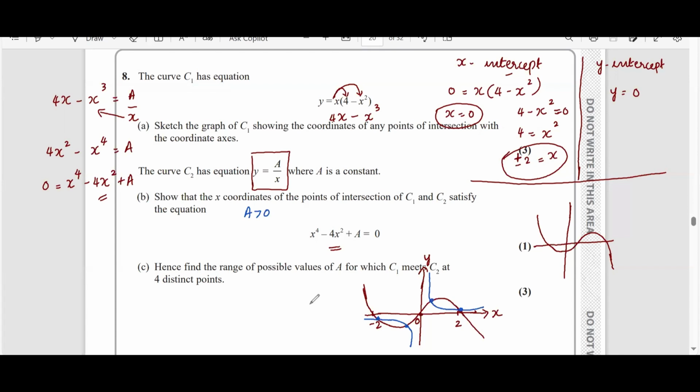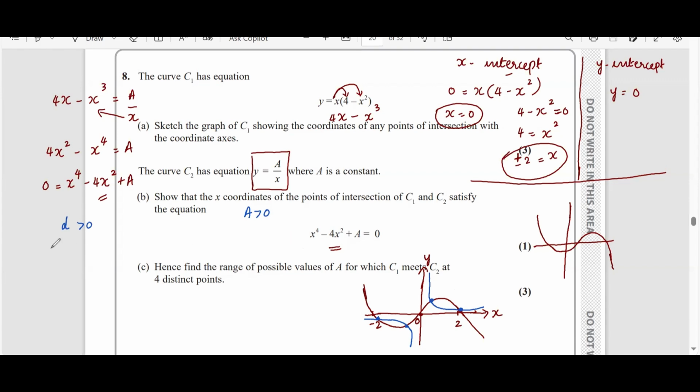Since it is cutting at four different points, our discriminant b squared minus 4ac should be greater than 0. Just see here, it's not a quadratic equation, it is to the power of 4, so we'll have 4 points of intersection. If we have 4 points of intersection, your discriminant should be greater than 0.